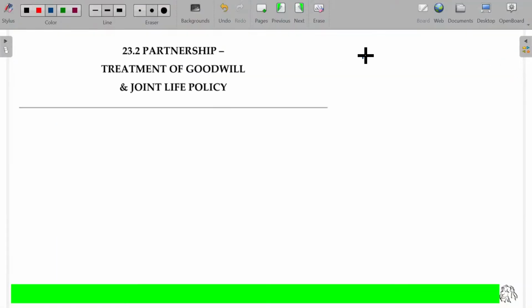So in partnership, I started with the introduction. In the introduction, you have to understand the preparation of P&L appropriation along with two types of capital account, two methods of maintenance of capital account, and past adjustment.